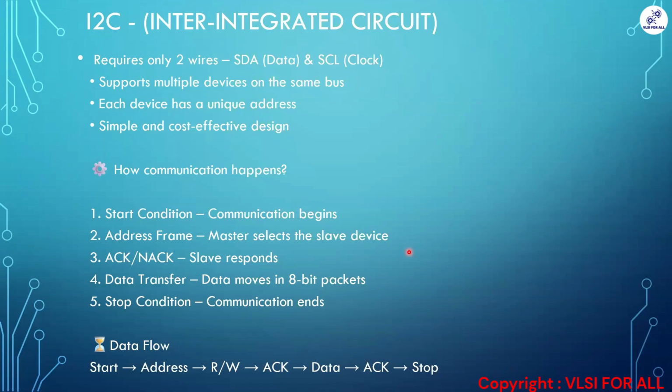Data transfer happens with data moving in 8-bit packets. And the stop condition, at the end of the communication, we use the stop condition. The data flow is: start condition, address, read or write, acknowledgement, data sending, acknowledgement, and stop bit.